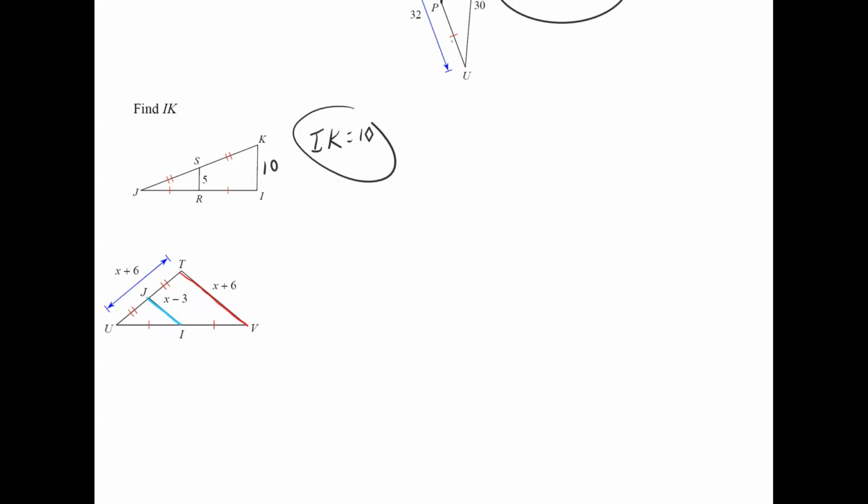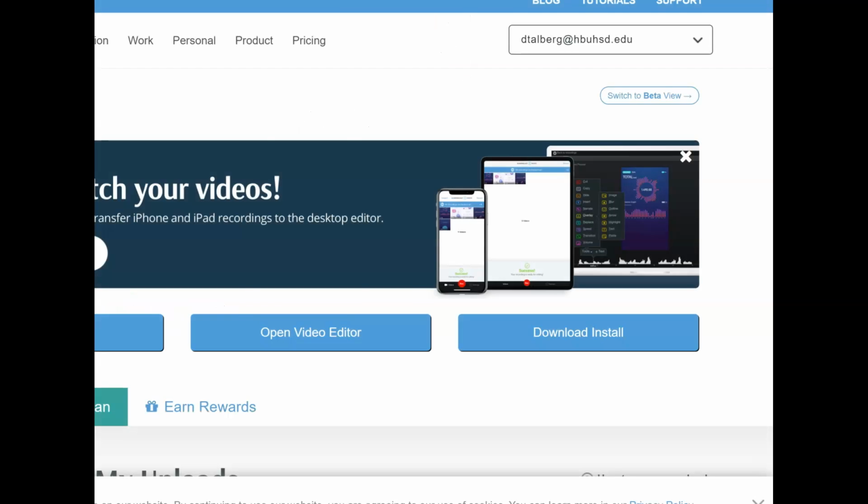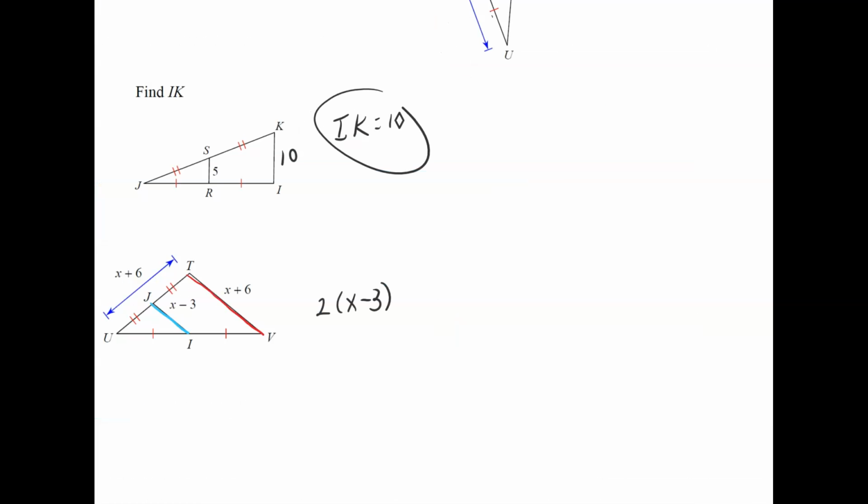What we know is that 2 times x minus 3, 2 of the x minus 3's, is equal to x plus 6. Right? So let's solve that. So we have 2x minus 6 just by distributing. So 2x minus 6 is equal to x plus 6. Finish solving that by subtracting x from both sides, adding 6 to both sides, and we get x equals 12.